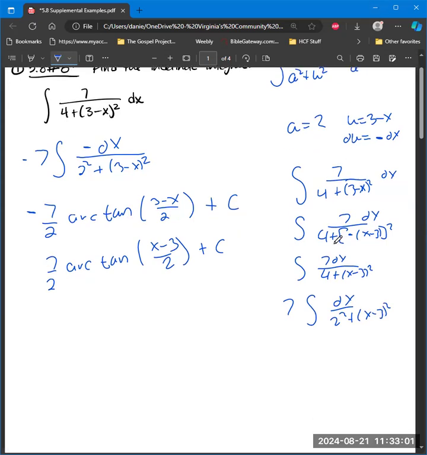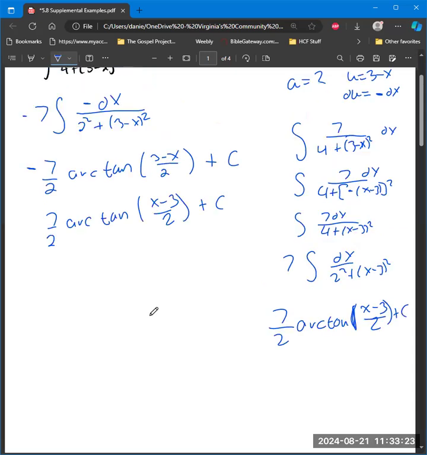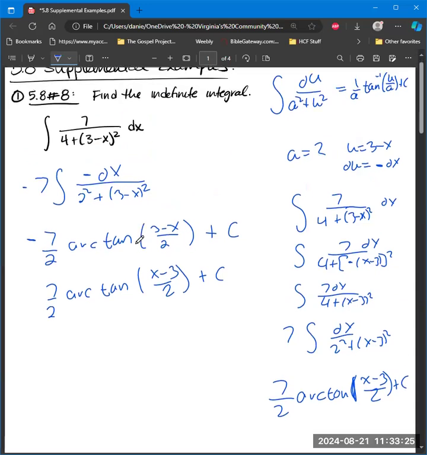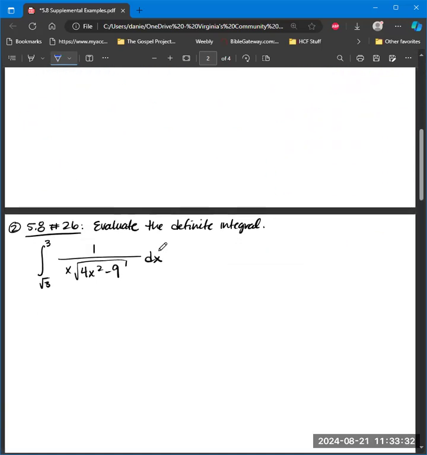All the same setup there for what a and u is, but this is now going to be 7/2 arctangent of u, which is x minus 3, over a, which is 2, plus c, and we get the same answer. Just wanted you to see that if the answer in the back of the book doesn't have 3 minus x and has x minus 3, they factored out the negative 1, and that's why it became positive out there.